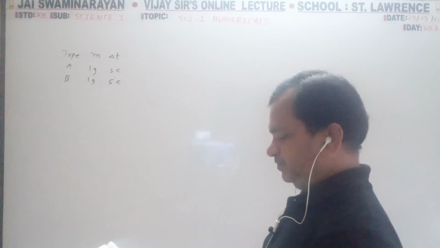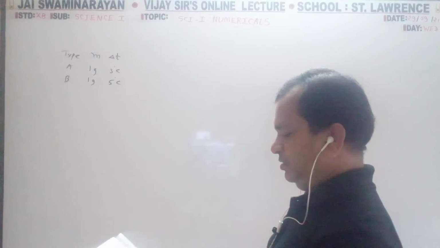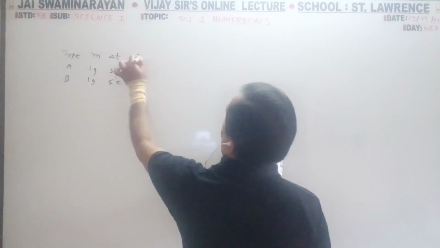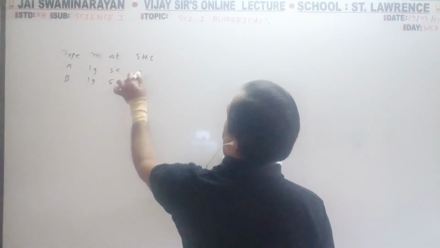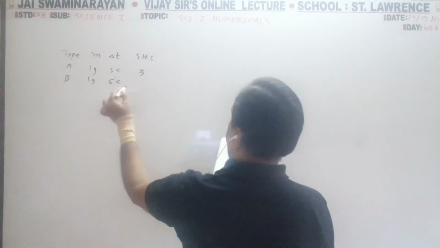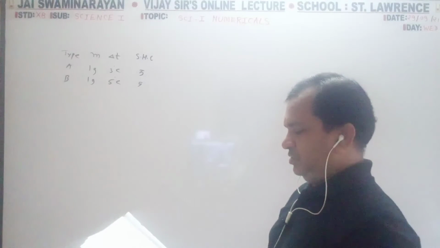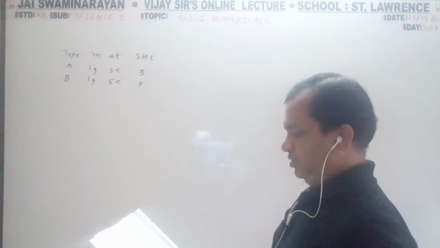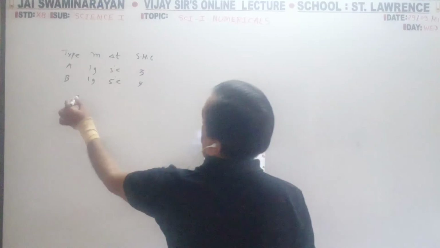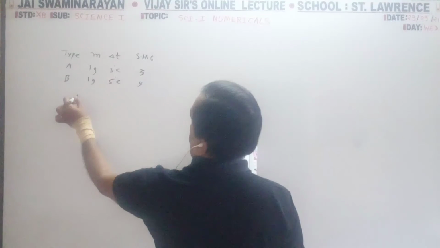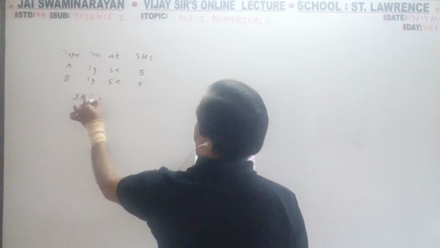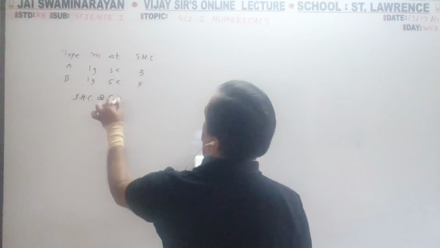Which specific heat capacity, it is 3, it is 5. Which is more? Specific heat capacity of B is more.